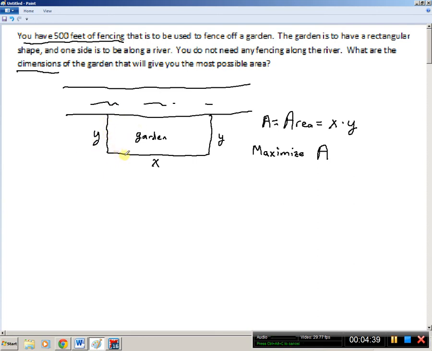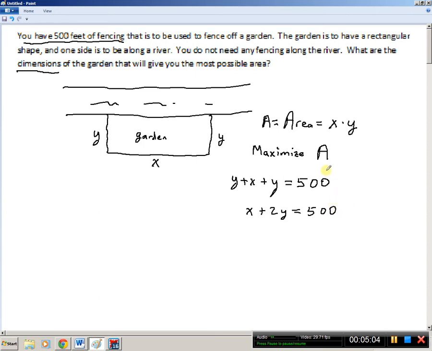So that tells me that no matter what I do, this all together has to add up to 500. So I can write that down. If I take Y plus X plus Y, that has to come out to be 500. That's all I've got to work with. And of course I can simplify that: X plus 2Y equals 500.